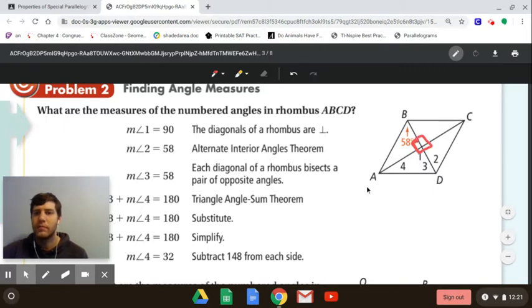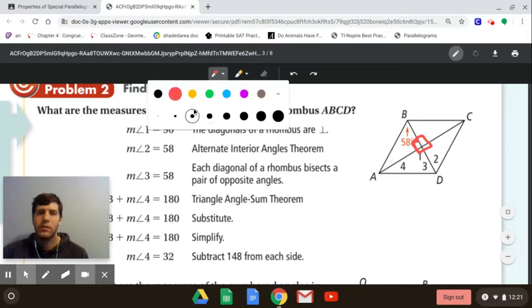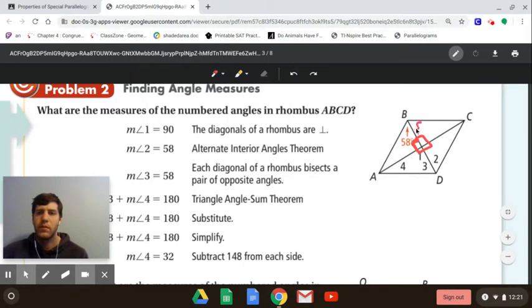We know that diagonals bisect the opposite angles, so we know this is going to be 58. I have to lower the pen size. So we know this is also going to be 58. We also know that 2 and 3 are going to be 58, alternate interior. So 58, 58, 58, and 58 for the rhombus.